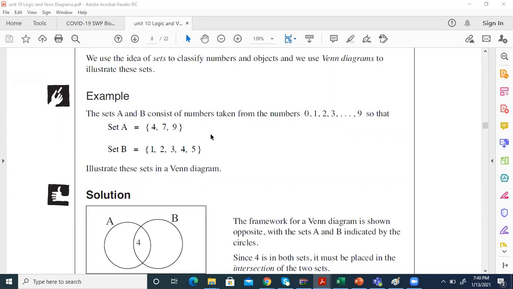You could have 4, 7, 9 being one set, and another set 1, 2, 3, 4, 5. You can also create another set, call it set C, that has just the odd numbers, and another one could have the even numbers. So it's just a way to group members or elements of a larger set, often called a universal set.